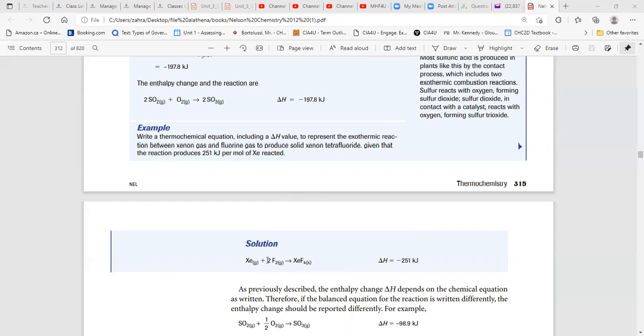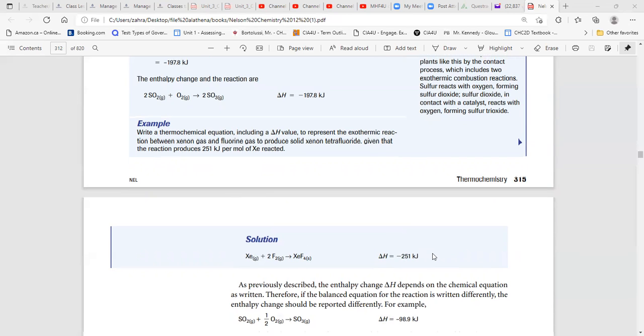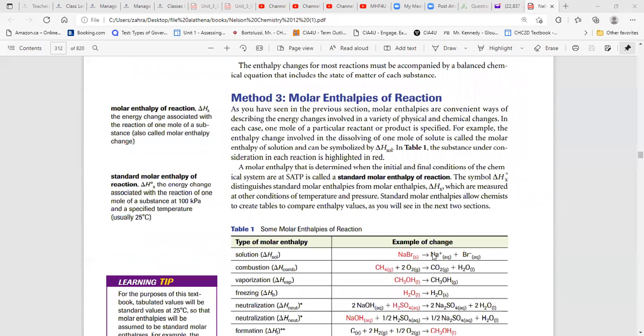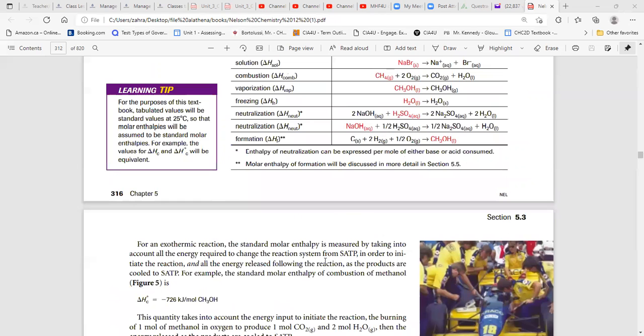Since you have it for 1 mole, you balance it. You have 1 mole here, and you know that for 1 mole it is 251 kilojoules. If it is released, you need to put negative here. The third method is, oh, you don't need to balance them.